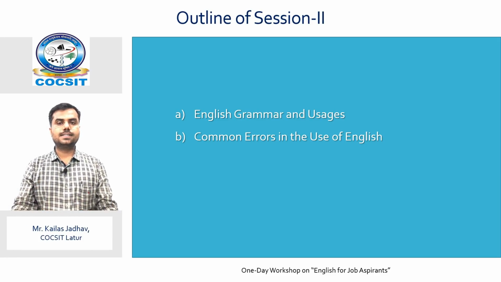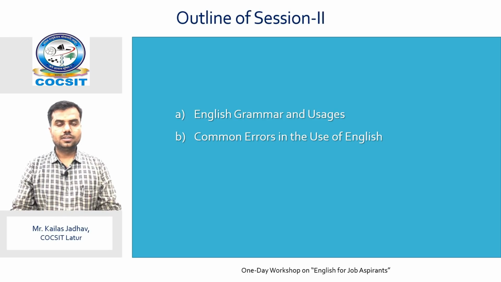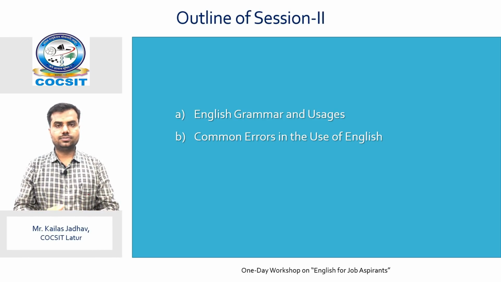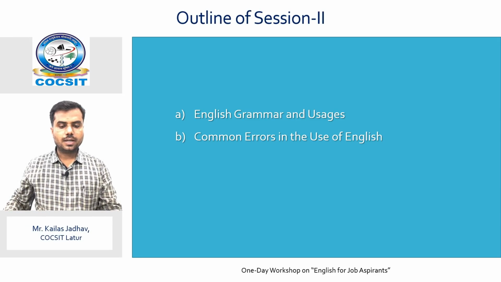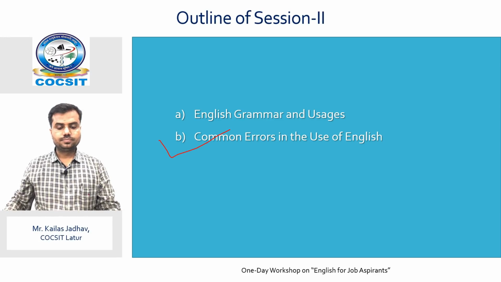We don't even understand what is right and what is wrong. We take wrong as a right thing. So that is the confusion we have. So how to avoid it? I am going to talk about the different common error types in this session, named common errors in the use of English language.